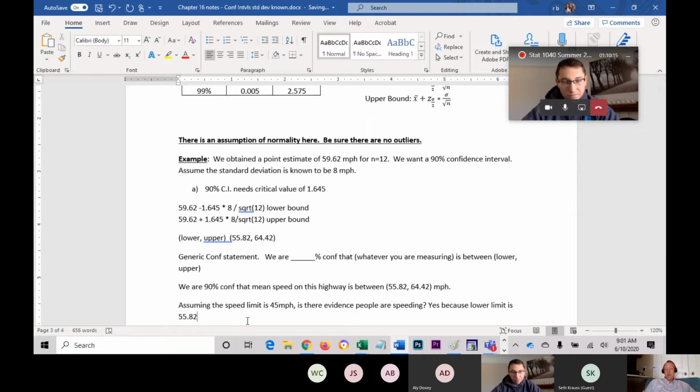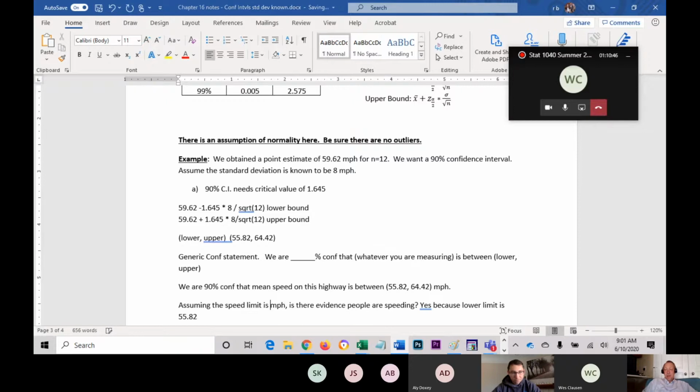Now, if we change the speed limit to 55, is there evidence people are speeding? Yes, because once again, we think they're going almost 56 miles an hour, right?